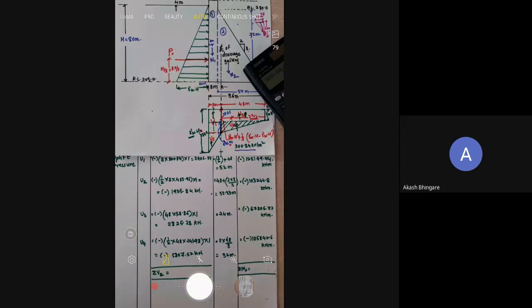Okay, the value of V2 that we have is 12975. Shivani, you are getting 975 or 972? Please check this. 975. Okay, fine.